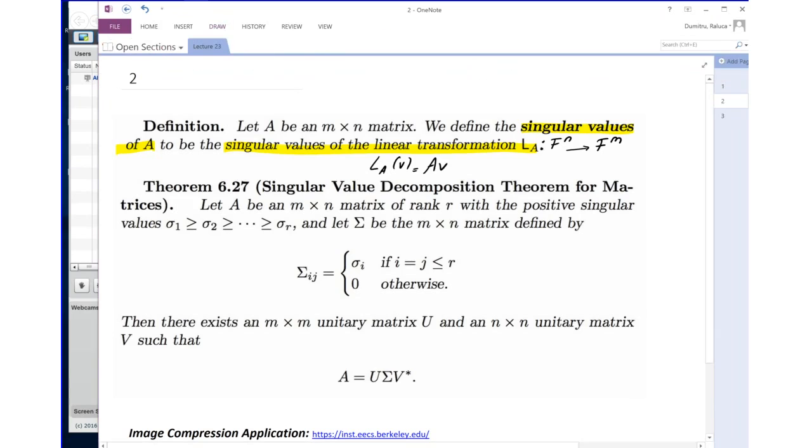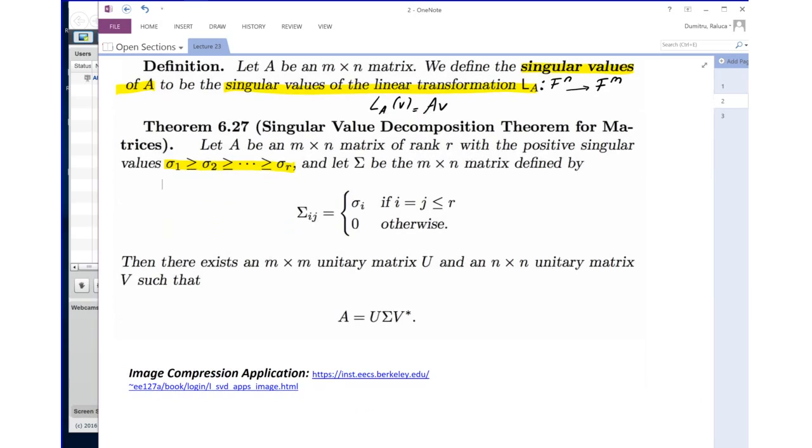So when you apply the previous theorem to L sub A, you're going to get a set of singular values for L sub A, which by definition now are the singular values of the matrix A. And that theorem also gave you those bases, right? A basis for the first space, which is Fn now, and a basis for the second space, which is Fm now.